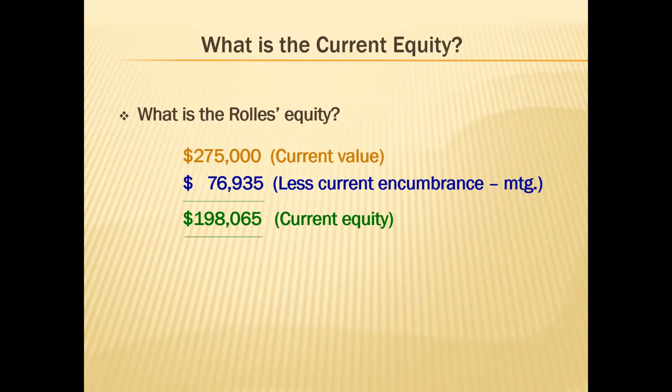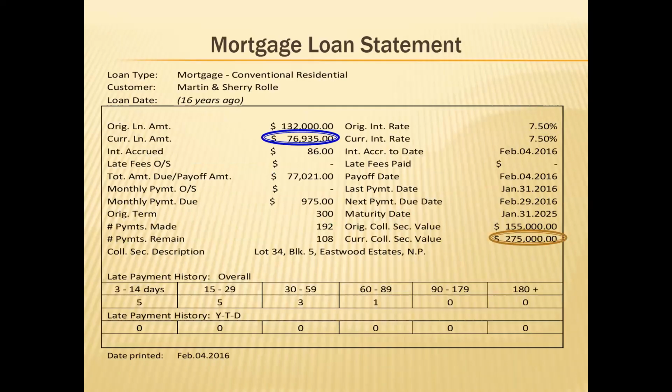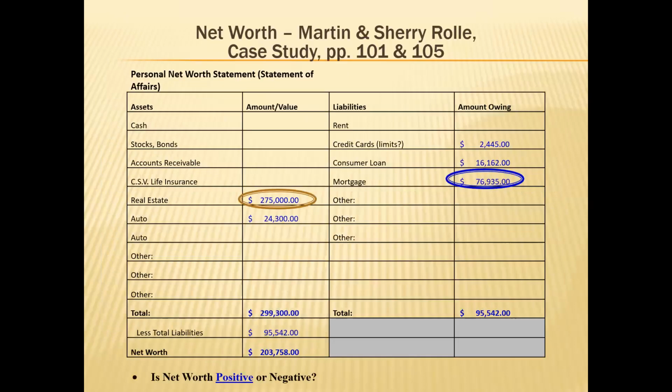So LPC is a ratio, equity is a dollar amount. Again, we get those figures from the mortgage loan statement, or they are in our net worth statement. Your mortgage loan statement is your primary source document.